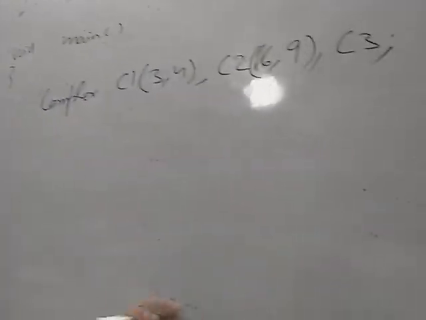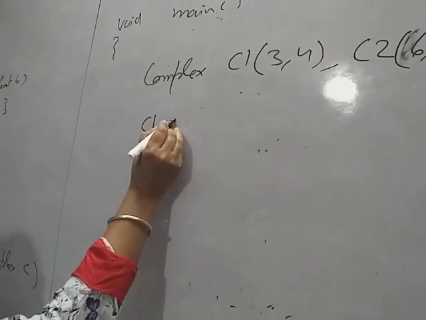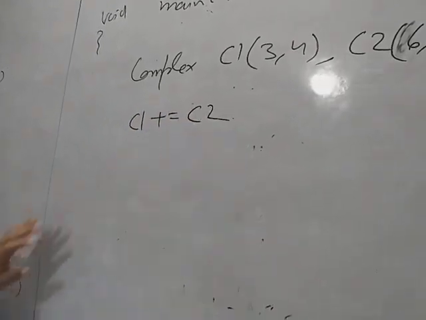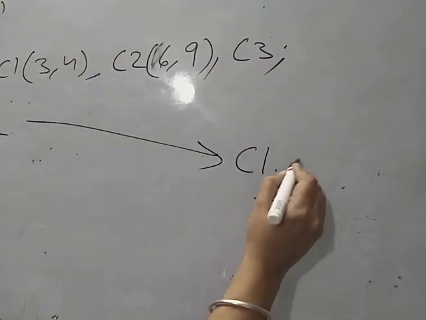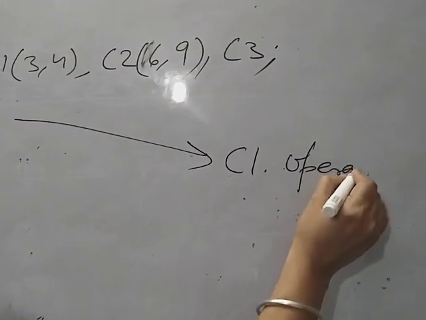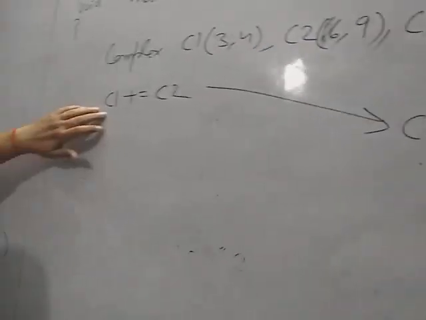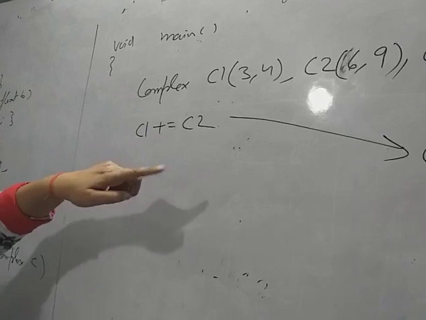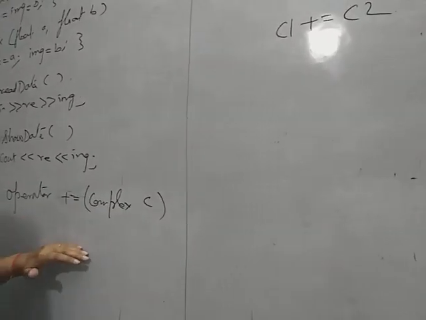So here I want C1 plus equal to C2. Internally this is converted into C1 dot operator plus equal to C2, and C1 is passed implicitly, so the data members of C1 are available.